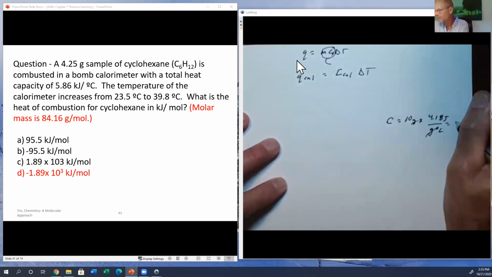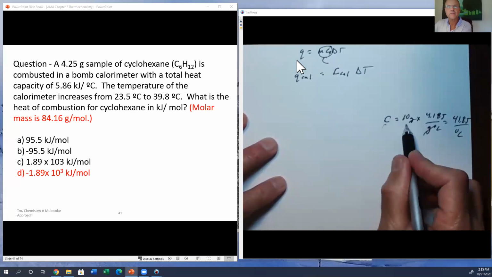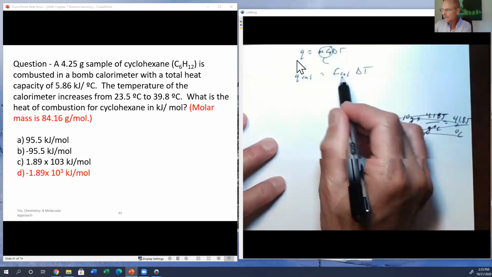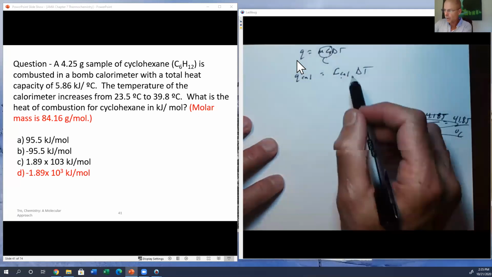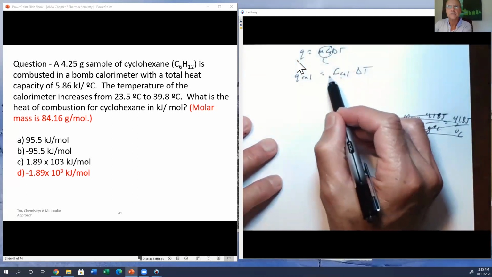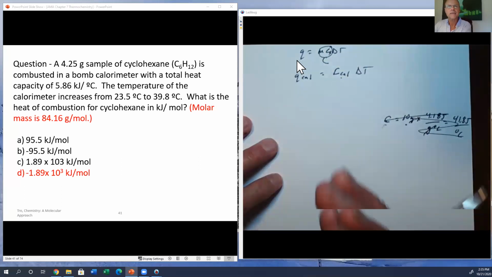That would give me 41.8 joules per degree Celsius. That's the heat capacity of 10 grams of water. So this heat capacity here is kind of like that. It already takes into account all the masses and all the different heat capacities in the calorimeter, and so that's why it doesn't have a mass in it, because that's already built into that.